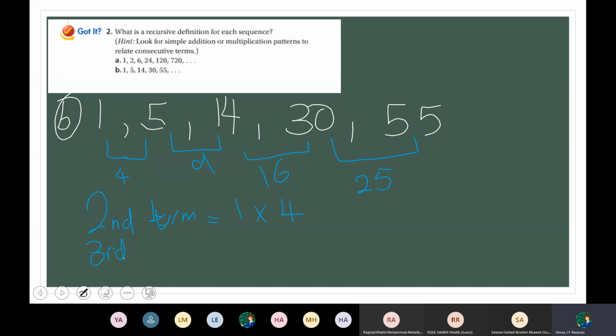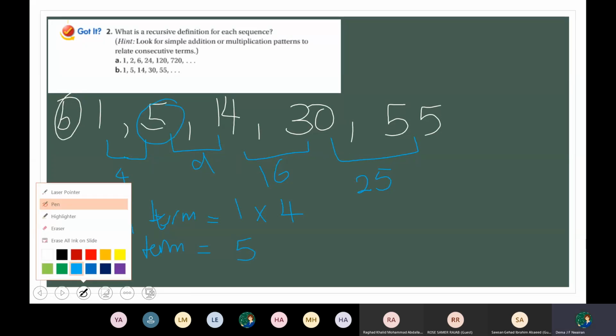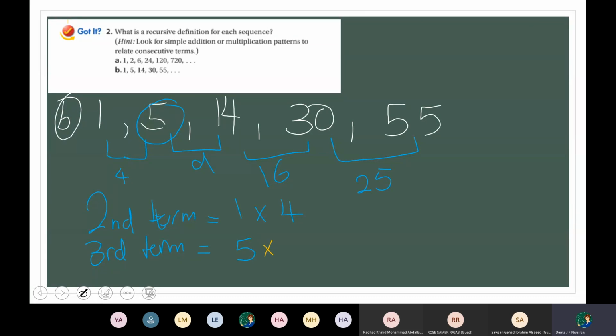The third term is the previous term, 5, multiplied by 9. The fourth term is, where's the fourth term? It is here. I multiply 14.